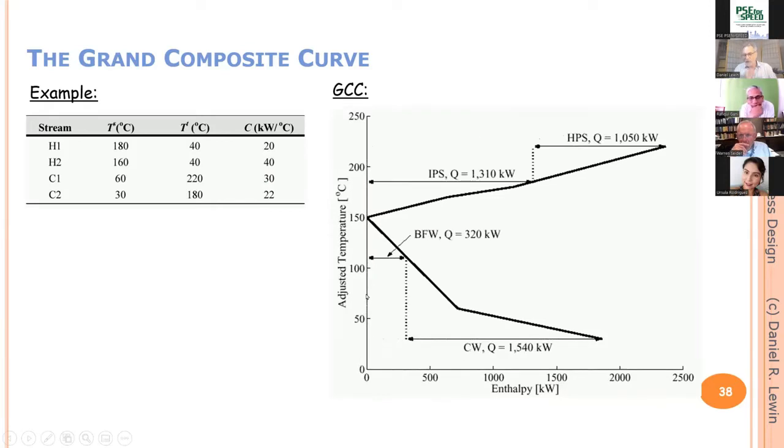Or we could instead use multiple utilities and thus save money, because intermediate pressure steam is cheaper than high pressure steam, and definitely boiler feed water is cheaper than cooling water, because boiler feed water generates energy as opposed to cooling water that just removes it. Okay, so we could use this to marshal our energy targets by utility type. Advantage, obviously saving money.